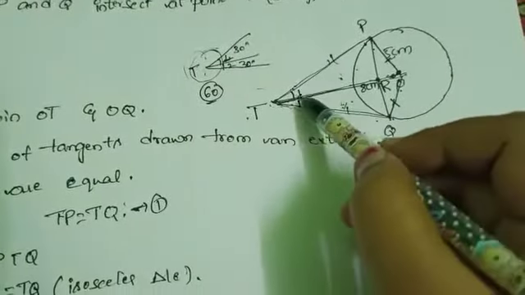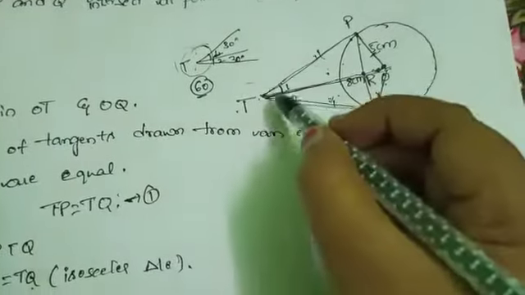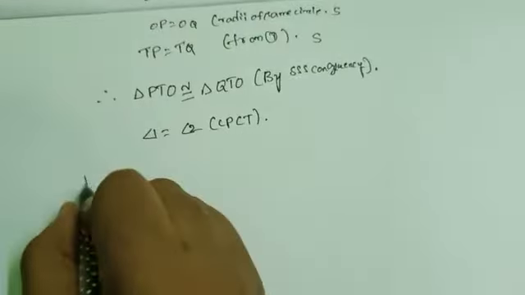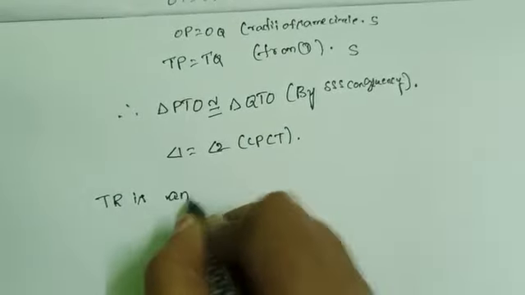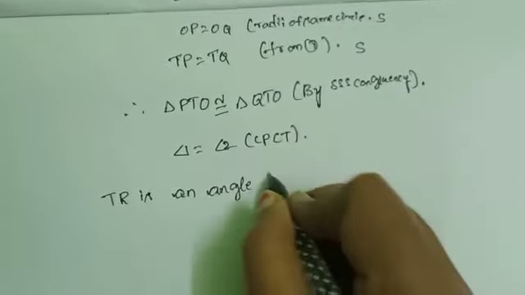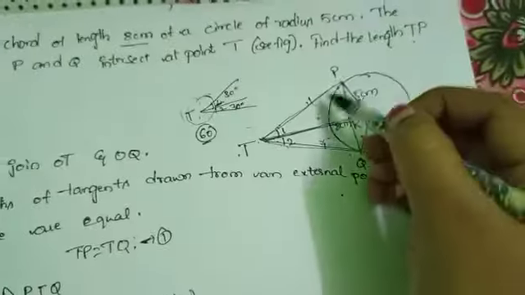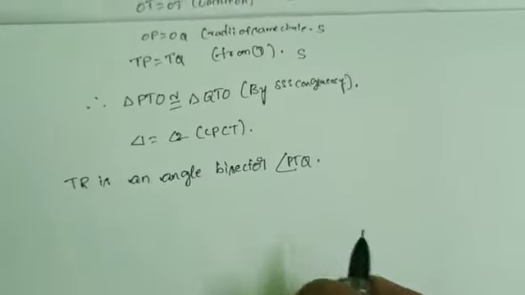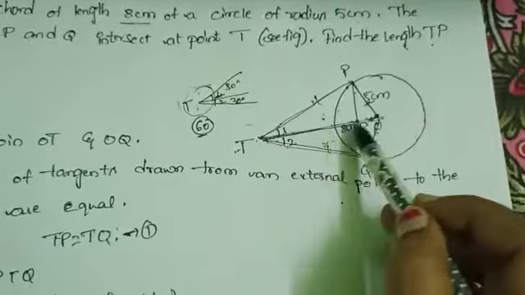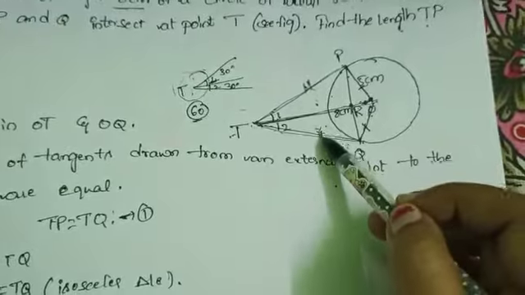What are the properties of the angle bisector in an isosceles triangle? Here TR is the angle bisector of angle PTQ. Here the TR line is the angle bisector between equal sides, TP equal to TQ.